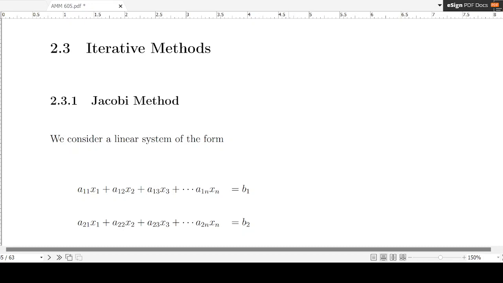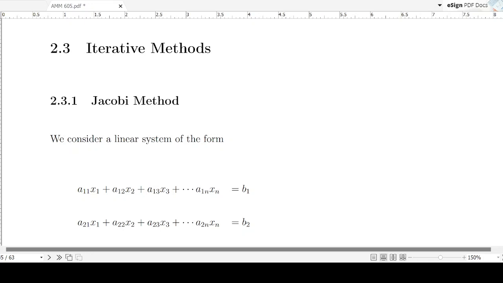Now, in our last lesson, we did talk about the solutions to a linear system of equations using a method that we call the Gaussian elimination method. The Gaussian elimination method is a direct method of solving the linear system of equations.